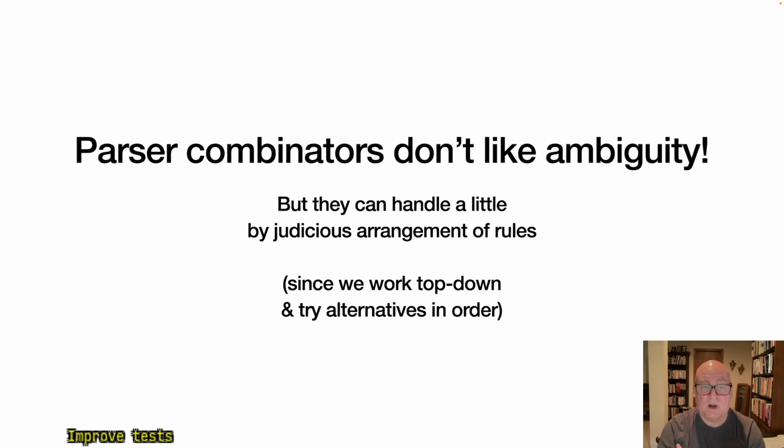So because we're trying them not all in parallel, but in order, we can do some meddling, I guess is the right word. We can set the order in a way that makes it work. It's a little weird because you have to think about it. You have to have some awareness of it.